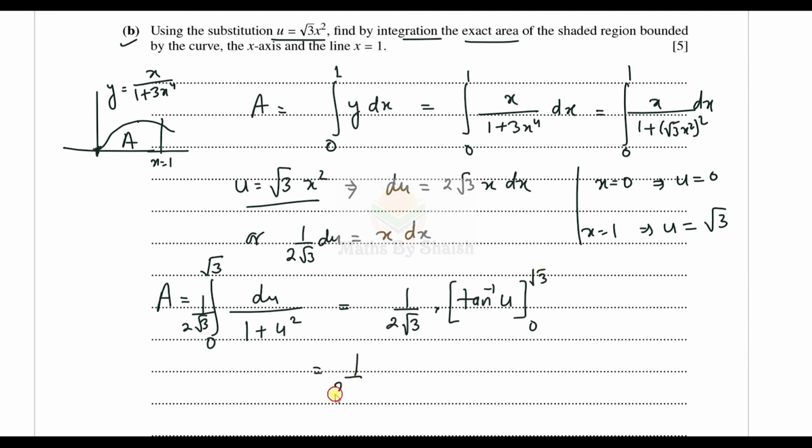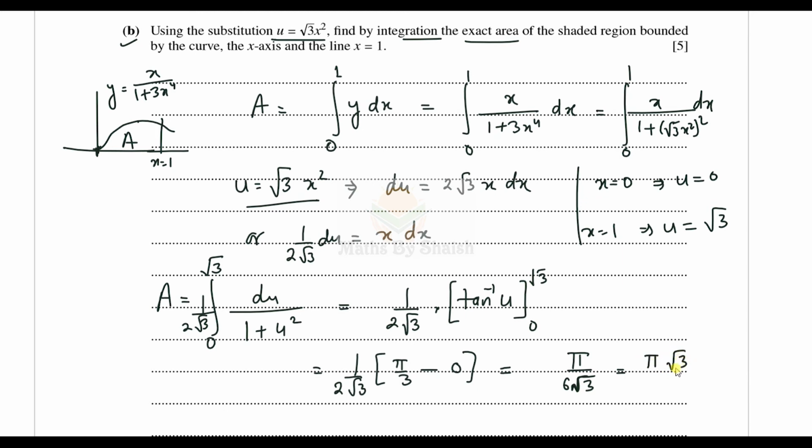So it is 1 upon 2 root 3 outside, and when you put tan inverse root 3, we will get pi by 3, because 60 degrees, and minus tan inverse 0 is 0, so the final answer is going to be pi over 6 root 3. We need to give the answer in the exact form, so this is the final answer, or we can write the answer in the rationalized form, because we need not have the denominator like this, but this is also fine. If we multiply and divide by root 3, that would also be nice.